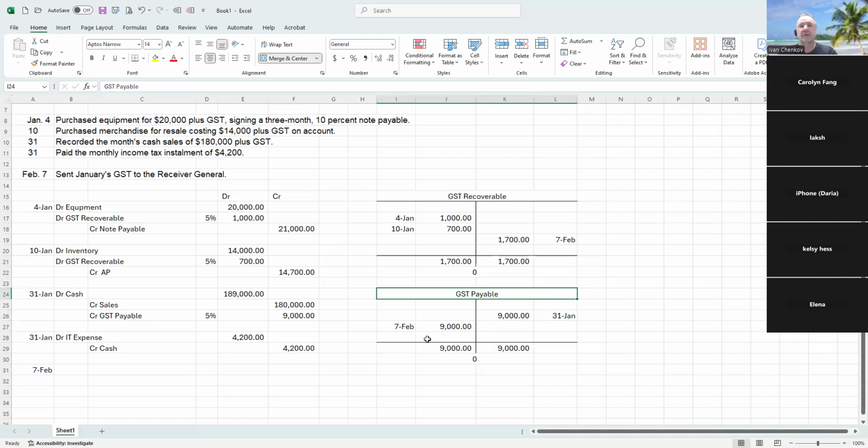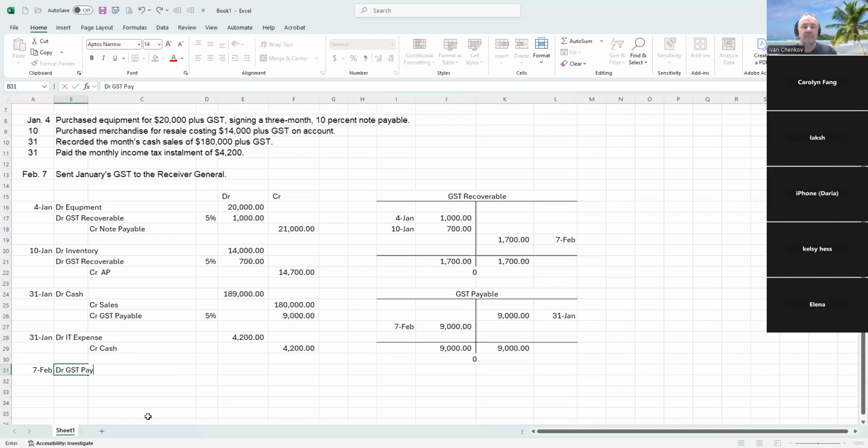On one side, first I have to debit my GST payable with $9,000. Then I have to credit my GST recoverable with $1,700.